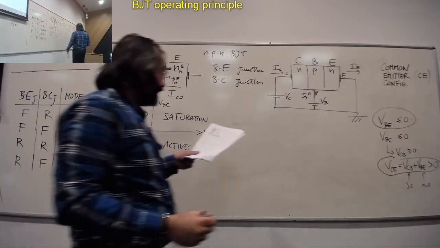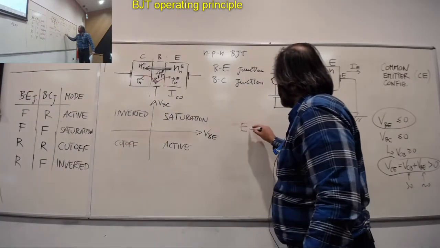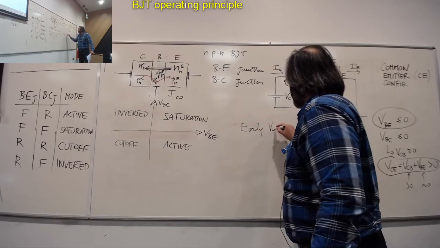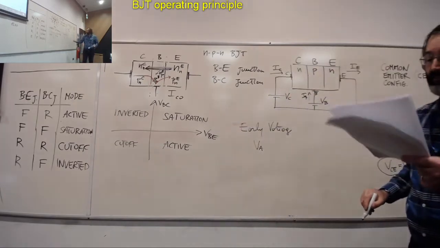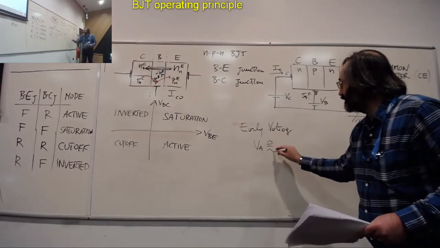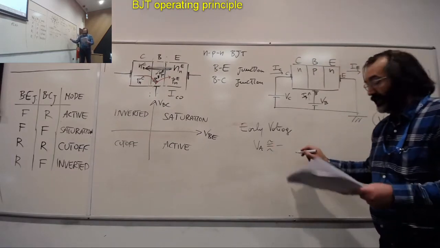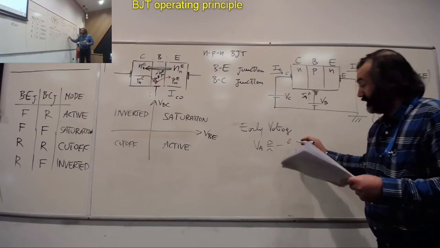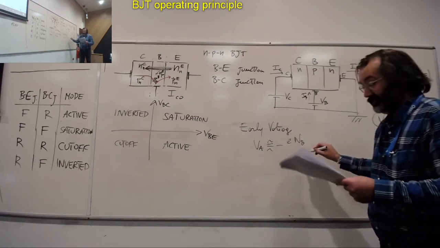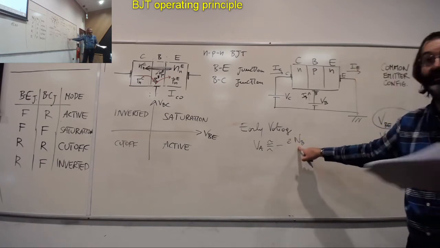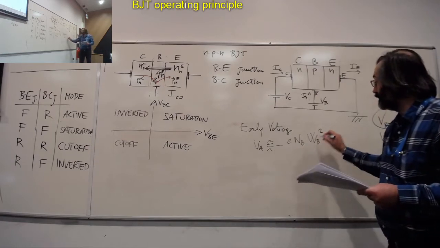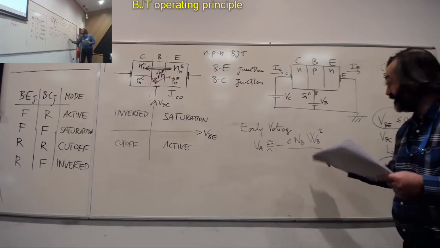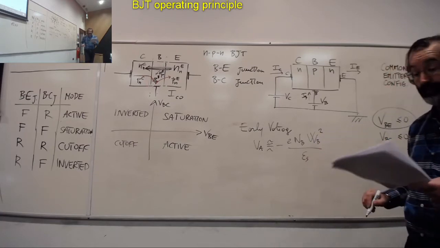VA is called the Early voltage, and this depends, as a very rough approximation, on minus q NB, where NB is the density of the dopants in the base, times the width of the base squared, over the dielectric constant of the semiconductor.